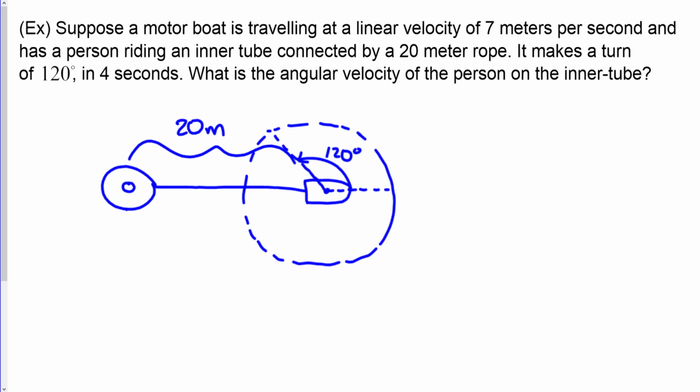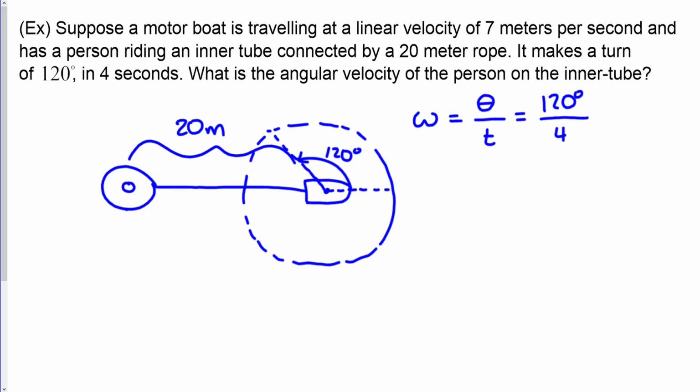So let's begin by getting the boat's angular velocity. The angular velocity is the angle through which you rotate and the amount of time it takes to rotate that amount of angle. So the angle is 120 degrees. The amount of time is 4 seconds.